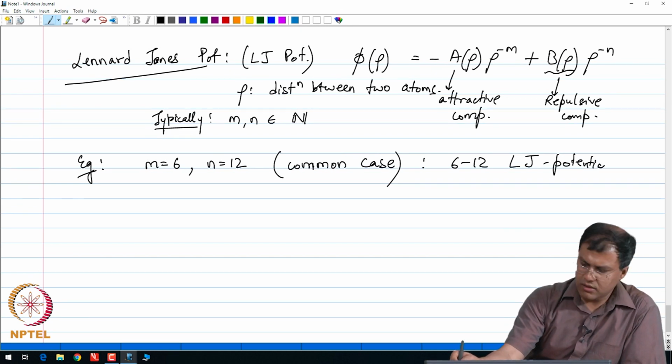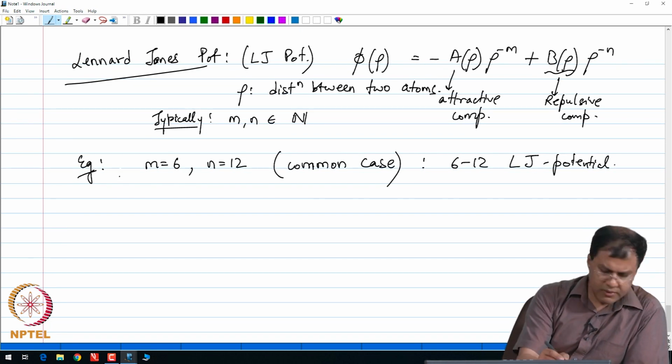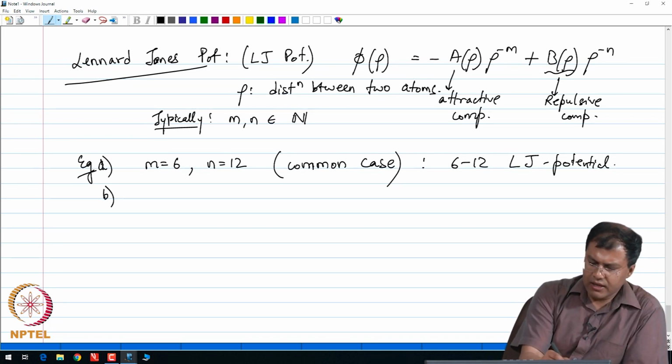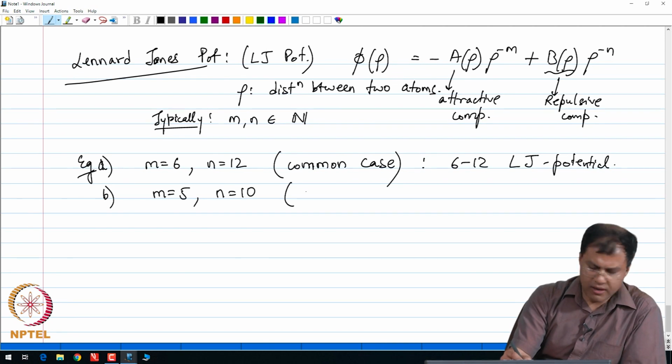okay, right. So, let me term this as example A. Another potential that is frequently used is the 5-10 potential, for example, to describe hydrogen bonding.